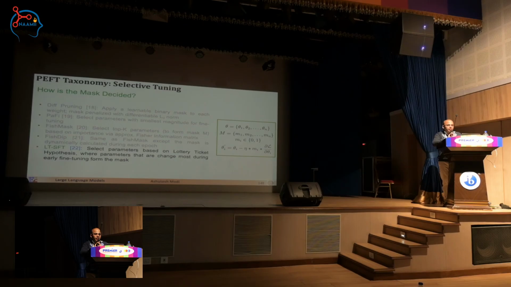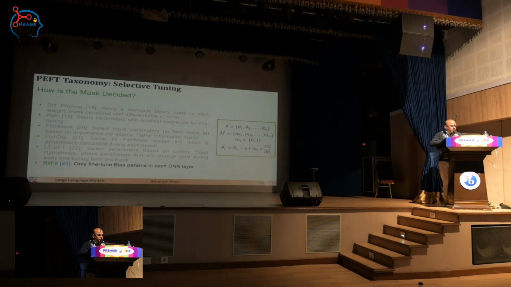It's like winning a lottery ticket: the small subnetwork is a lottery ticket within a huge network, right? There is an algorithm which helps you select this subnetwork, and that's what is called the lottery ticket hypothesis algorithm. I'm not going into details of that, but it's based on some sort of pruning of the weights, or maybe some sort of information content in those weights.